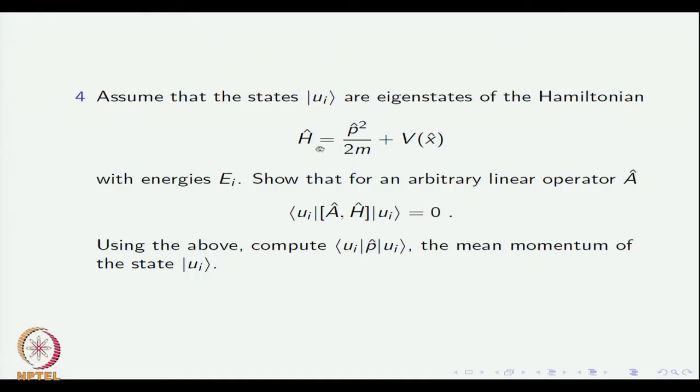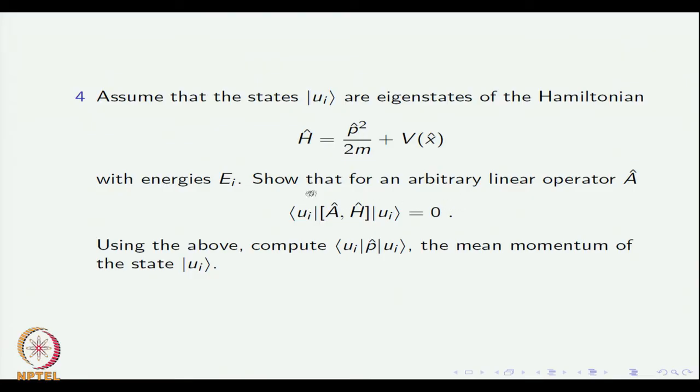The Hamiltonian is given to you. The Hamiltonian operator is p square upon 2m plus V(x). This is our regular way of denoting the Hamiltonian as the kinetic part plus the potential part, with Ei as the energies, and you have to show that for an arbitrary linear operator A, when you take the commutator of A with the Hamiltonian and take the average, you will obtain it to be 0.